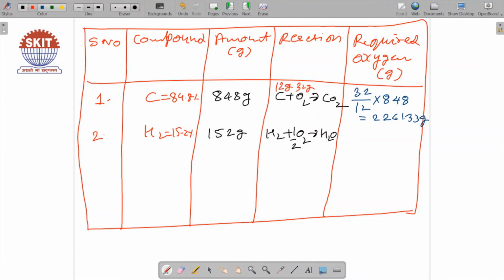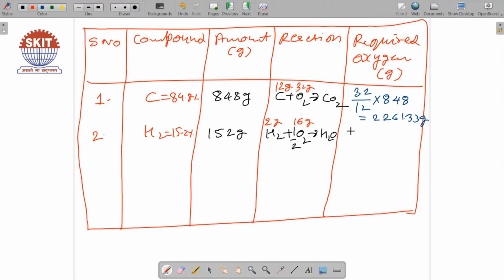Now we will calculate the amount of oxygen for hydrogen, and in the same way we apply the mole concept. 2 gram of hydrogen reacts with 16 gram of oxygen because this is the half mole of oxygen. So half mole of oxygen is 16 gram. One can say that 2 gram of hydrogen reacts with 16 gram of oxygen, then 152 grams of hydrogen will react with how much amount of oxygen?